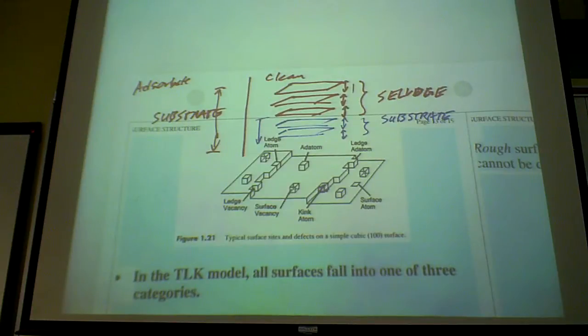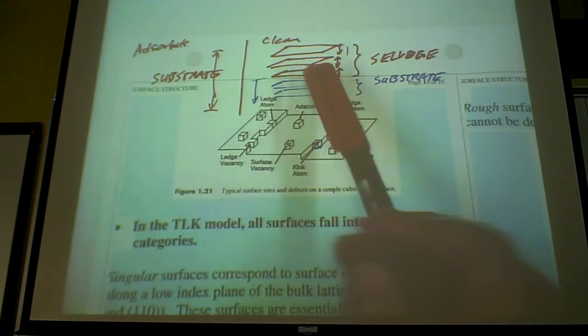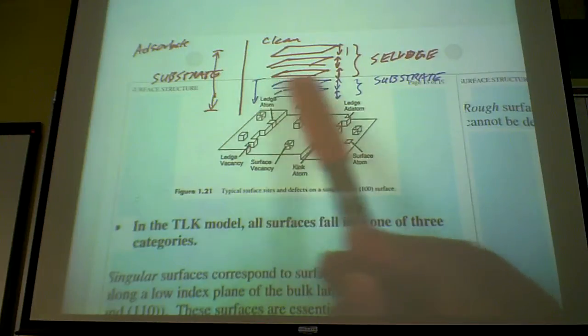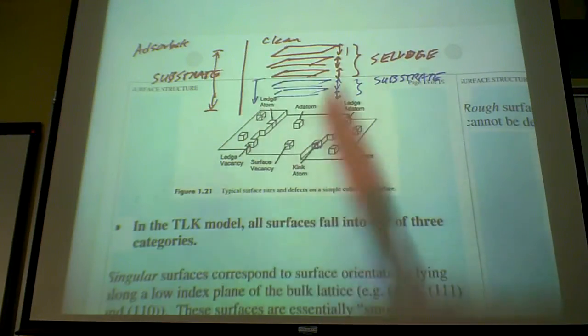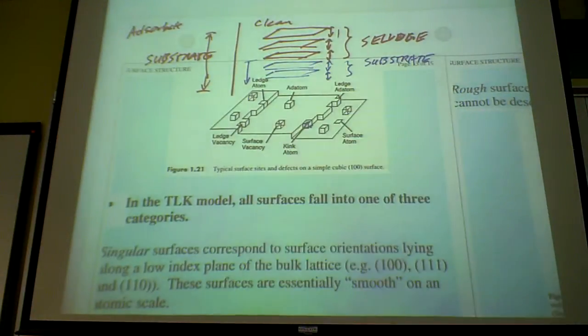So what we want to do is first talk about the ideal surface here, the blue layer if you like, and then talk about how we learn about this blue layer. We're talking about a clean surface altogether so far, no adsorbate yet.